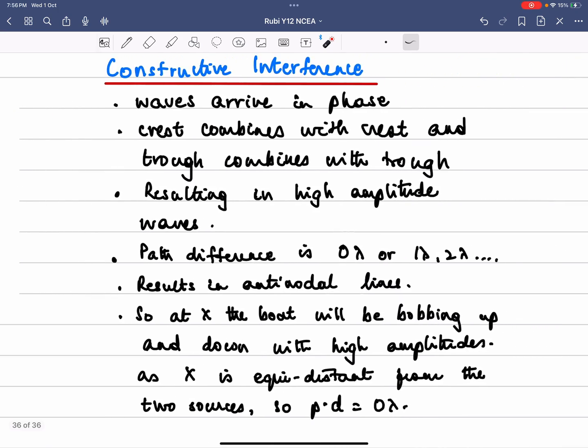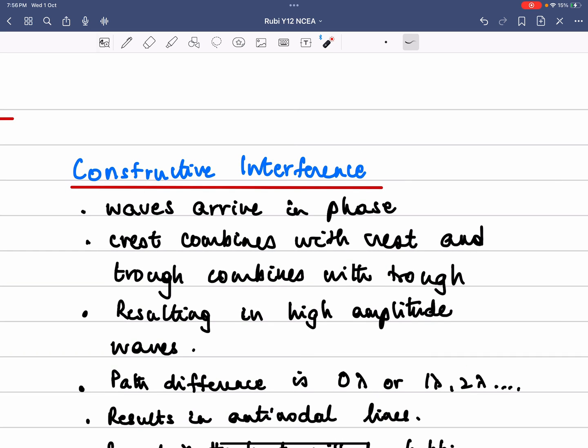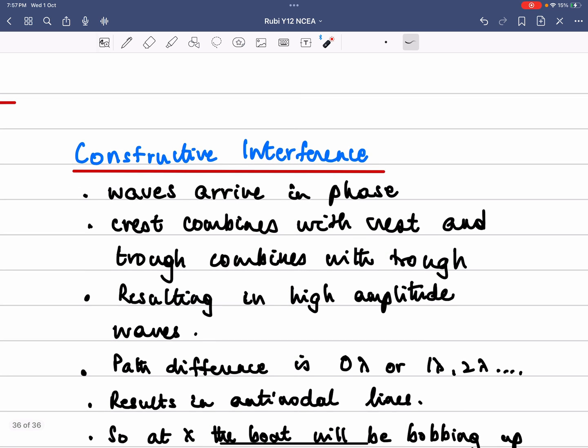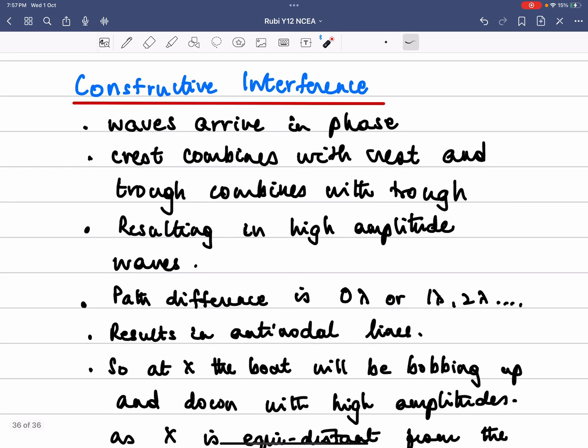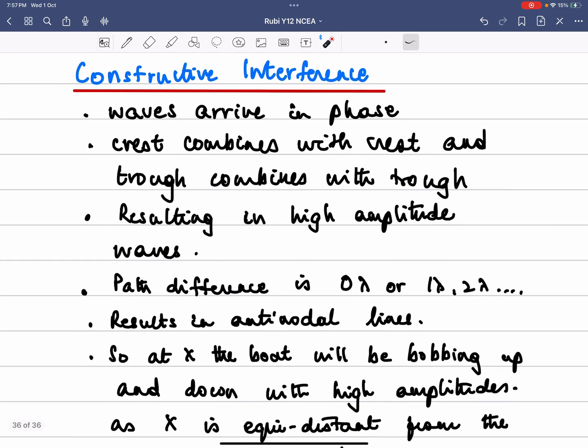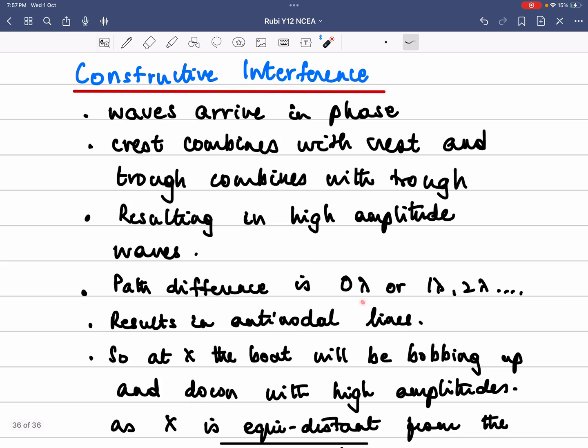There's what we call constructive interference, and we need to know a few things about it. The waves arrive in phase. That means a crest combines with a crest and a trough combines with a trough, and the result is very high amplitude waves. So these are high energy waves, and the path difference is either 0 wavelengths or multiples of whole wavelengths.